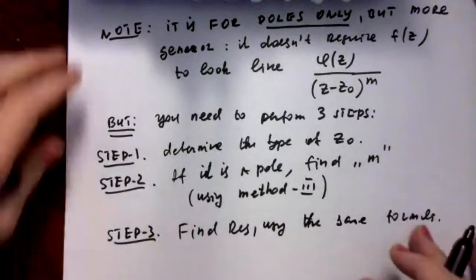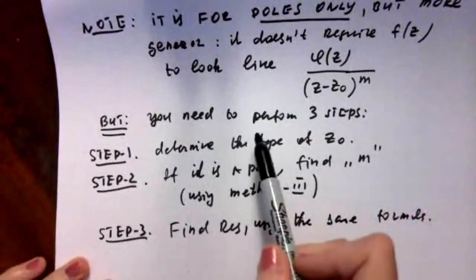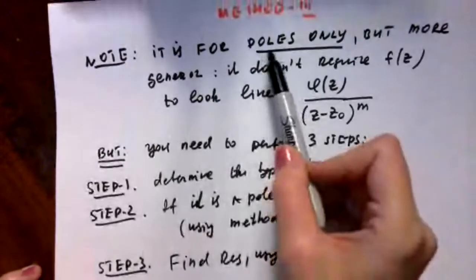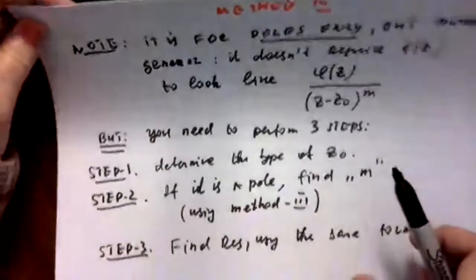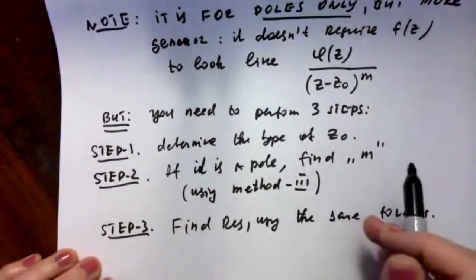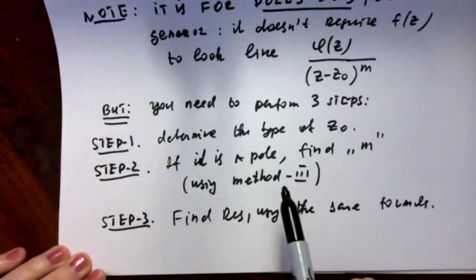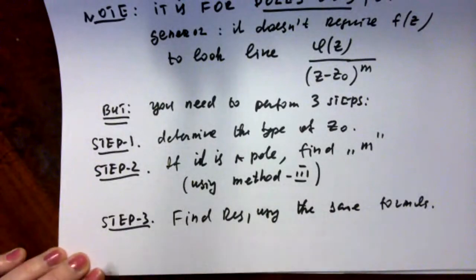Maybe it's better to write it down here immediately. As I said before, this method 3, as well as method 2, by the way, is only suitable for poles. But on the other hand, poles are very frequent in complex number theory, at least in your tutorial sheets, in your tests, and so on. So it's not for nothing that so much time and effort has been devoted to describing poles.